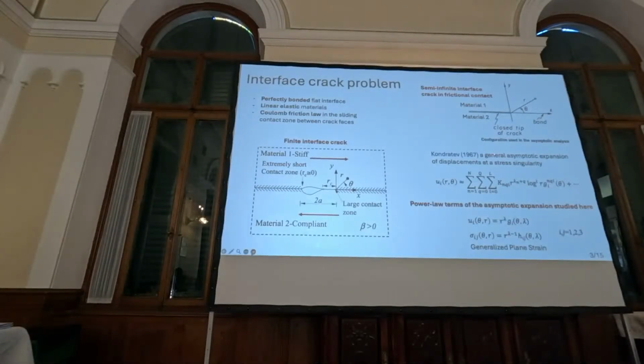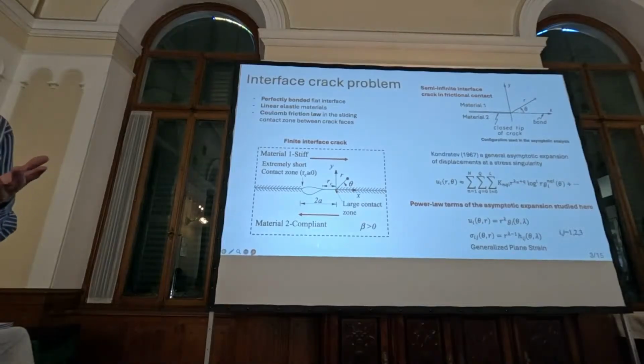Starting from Kondratiev's work on general asymptotic expansion of displacement, the stress singularity can be given as a sum of power law terms and power logarithmic terms. We will focus in this work just on the power law terms of this asymptotic expansion, which are associated to some singularity exponent lambda.